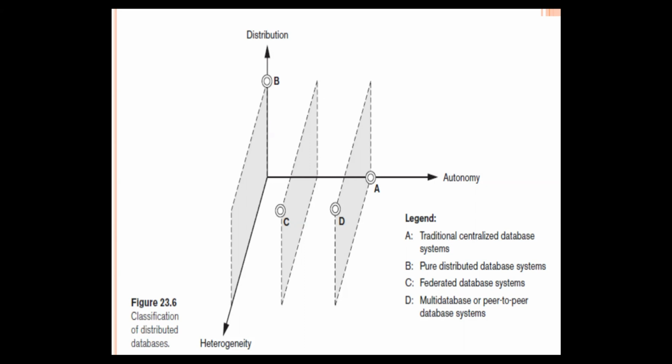So based on the autonomy, distribution and other parameters, we are categorizing the distributed databases as purely distributed database system, traditional distributed database system, federated database system, and multi-database or peer-to-peer distributed system.